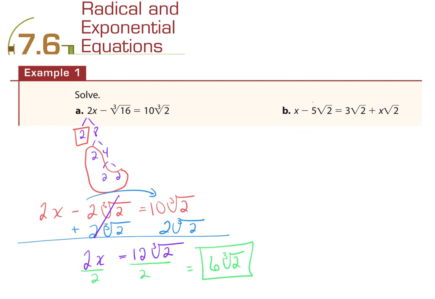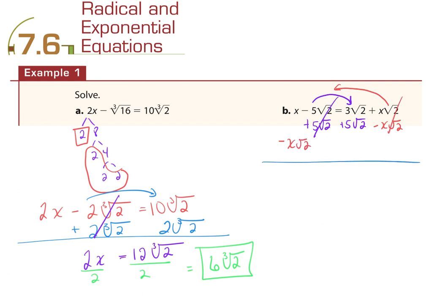I am going to move this 5 square root of 2 over with addition. All right. And then I am going to move this x square root of 2 over with subtraction there. All right. And what I have left on this side, I have x minus x square root of 2.